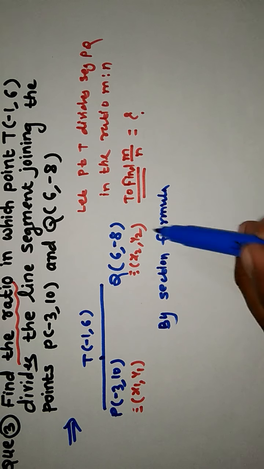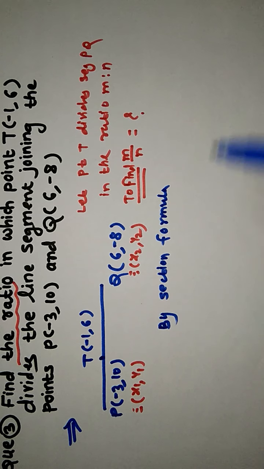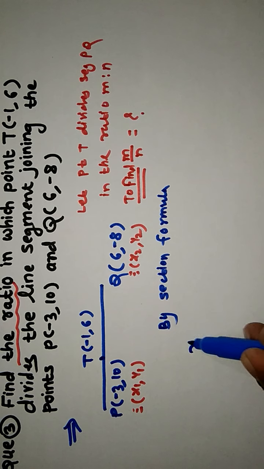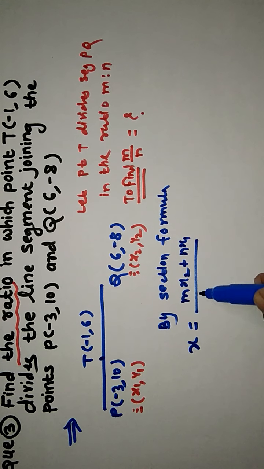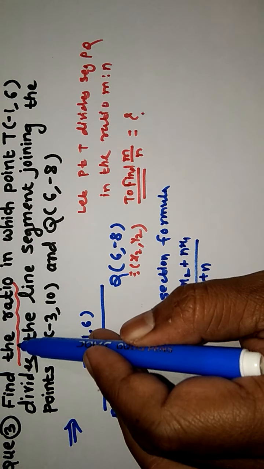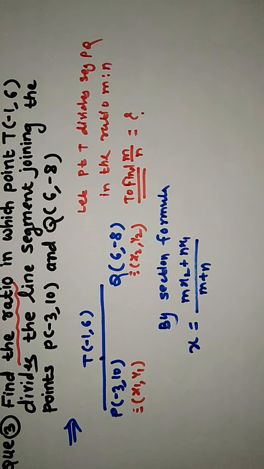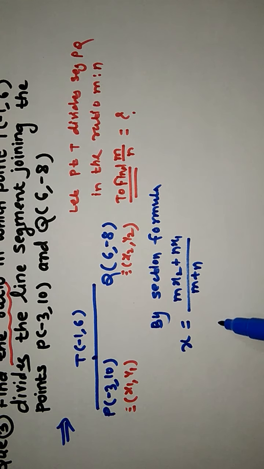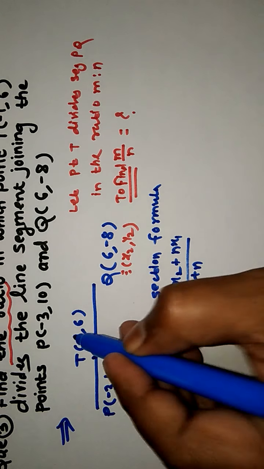See here, if we want to find a ratio, use only x is equal to or y is equal to. Here we use only x is equal to (mx2 plus nx1) upon (m plus n). Remember that if we want to find only the ratio, then use the x is equal to or y is equal to formula, one of them. Then substitute the values of x1, x2 here.